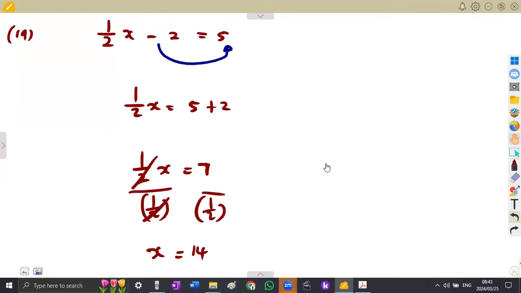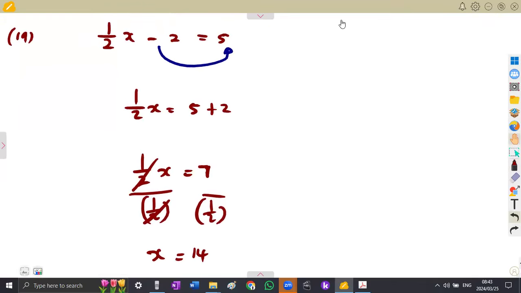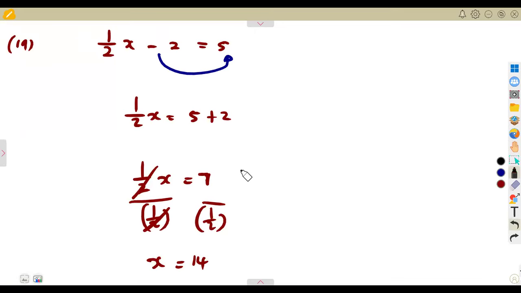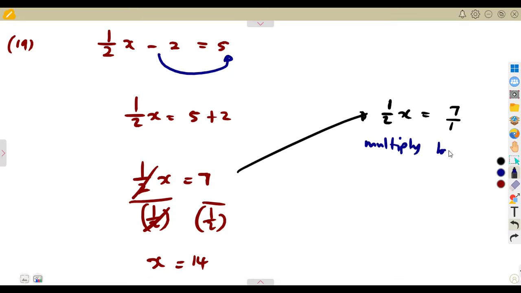We could have calculated the same value of x at this stage by just doing this. We were at this stage where we are given the half of x being equal to 7. So it follows that this is the same as 7 over 1. To clear fractions, you have to multiply each and every term by the LCD. Each and every term that you're given.